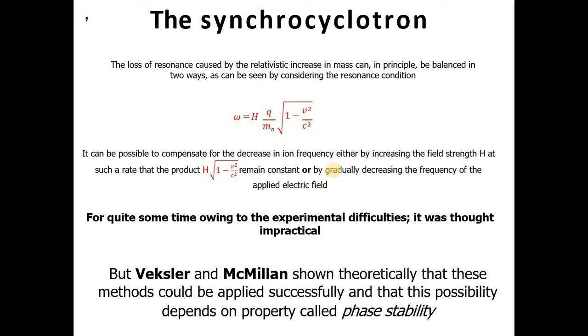For quite some time, owing to experimental difficulties, it was thought impractical. But Veksler and McMillan showed theoretically that these methods could be applied successfully, and that this possibility depends on a property called phase stability.